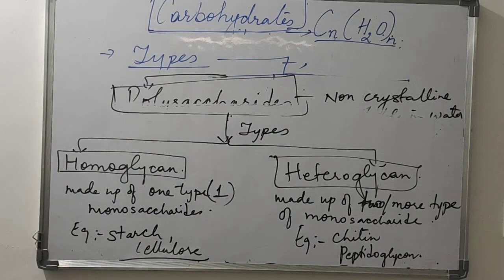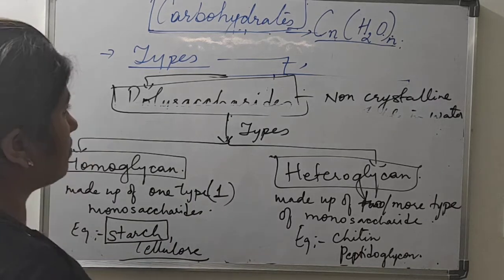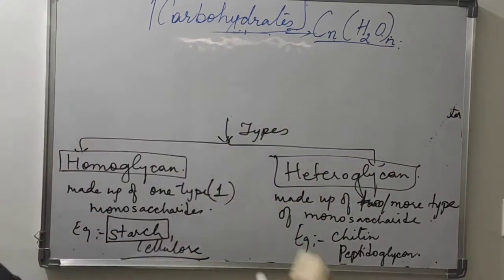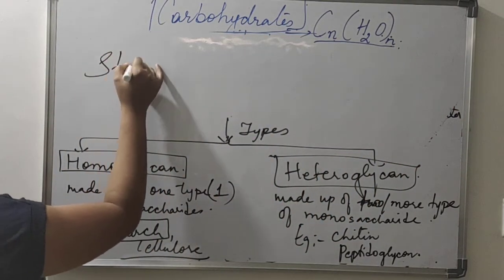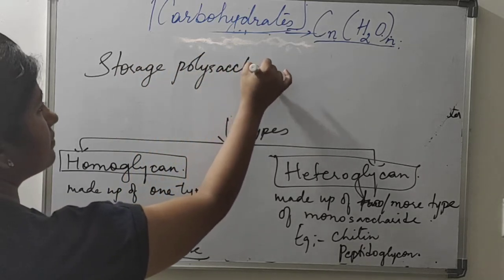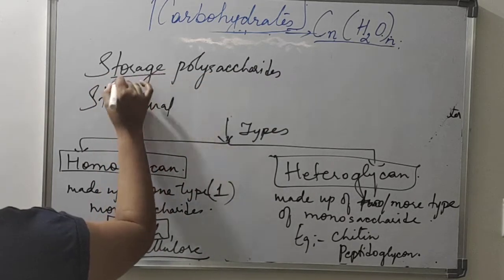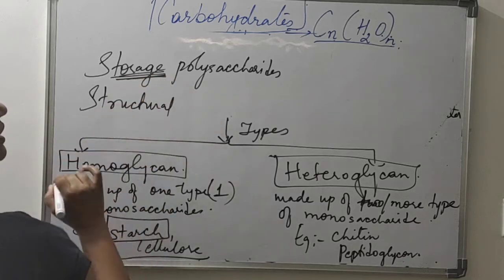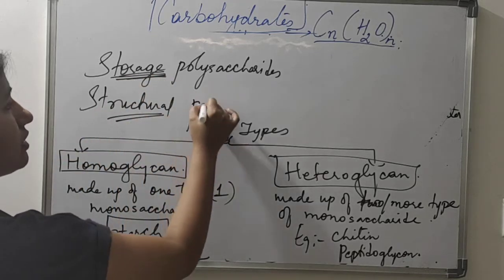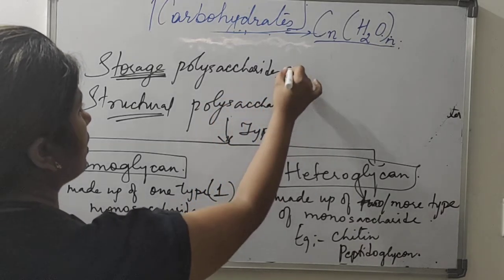For storage purposes, polysaccharides which can be stored are storage polysaccharides, and then there are structural polysaccharides. Storage means storing food or energy, and structural ones make the structure, like the cell wall.